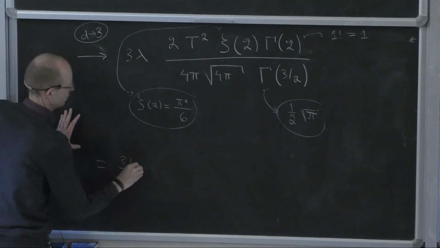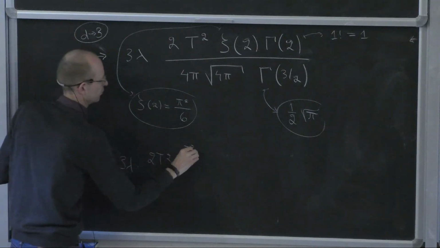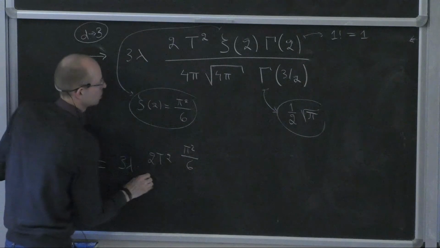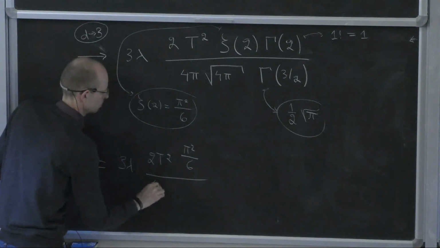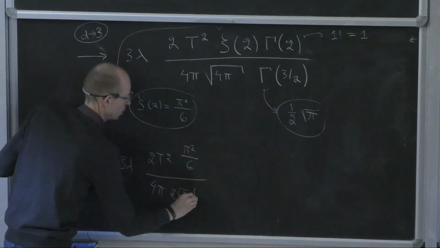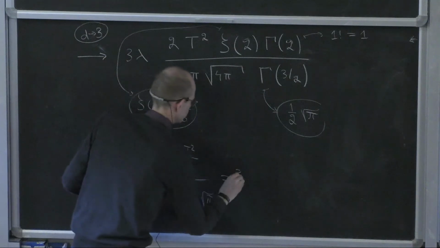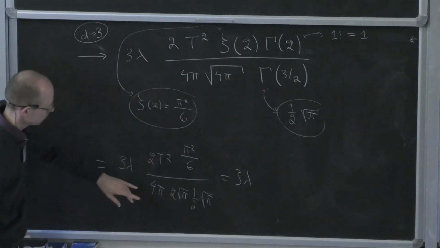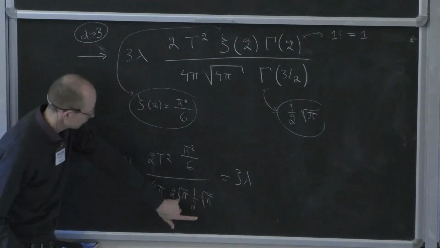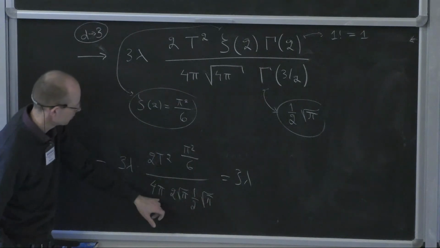What we get is then 2 times T squared pi squared over 6, divided by 4 pi, 2 times square root of pi, 1/2 times square root of pi. And now if we've done everything correctly, it should be a nice expression. So square root of pi times square root of pi is pi, in total pi squared.